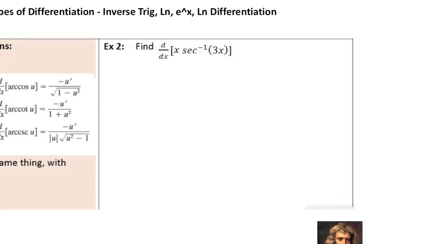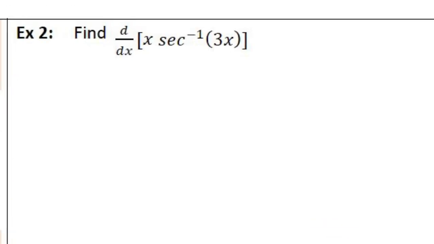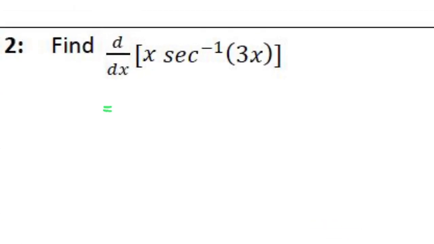For example 2, you notice we have a product rule. So for our product rule, we will have first times the derivative of the second, and that includes a chain rule.